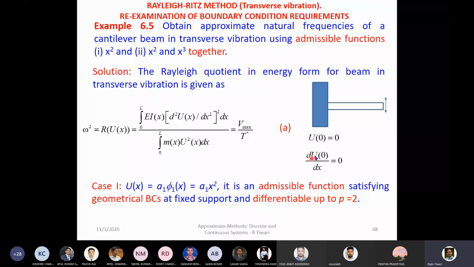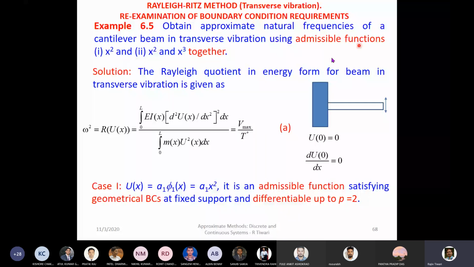Now you can see that this is the slope here in the bending case. In the axial rod case, it was giving us the axial force, so it should not be confused with that. Here this is a geometrical boundary condition for the beam case. So minimum we can take x square as the polynomial term as the admissible function.